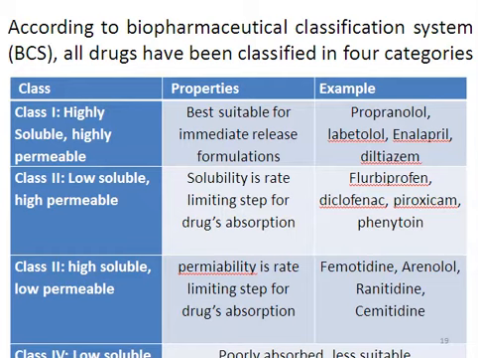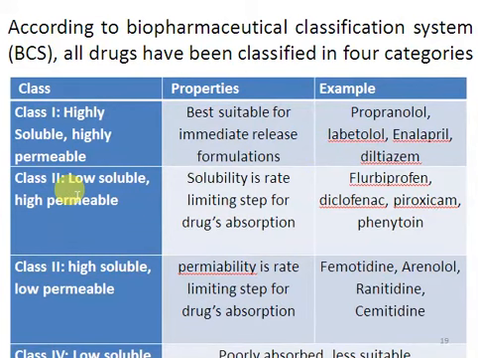So if you need an immediate response from a drug, you should use a class 1 drug, that is, drugs that are highly soluble and highly permeable. They are highly soluble and are absorbed readily because they are permeable through the cell membrane. Examples are propranolol, labetalol, enalapril, and diltiazem. All of these are class 1 drugs.